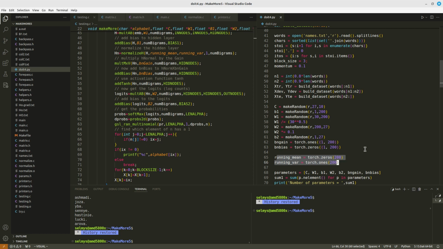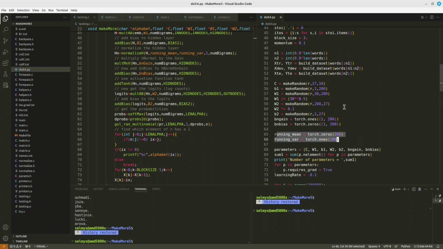Because when we're making new names, there's really no way we can calculate the mean and the variance during that part. So we save a mean and a variance during the training iterations, and then we use those during the actual production of new names.